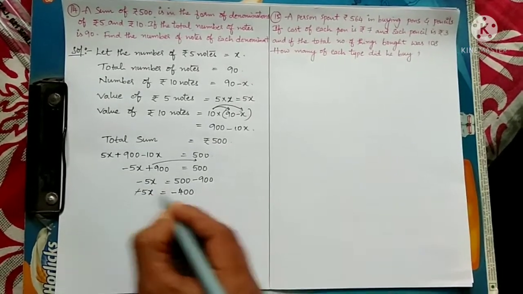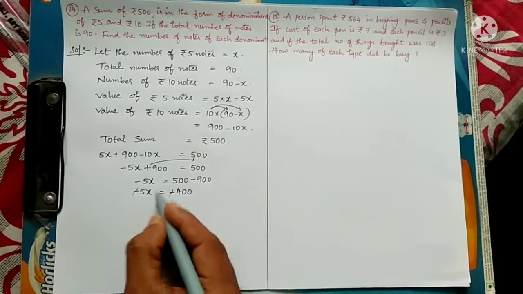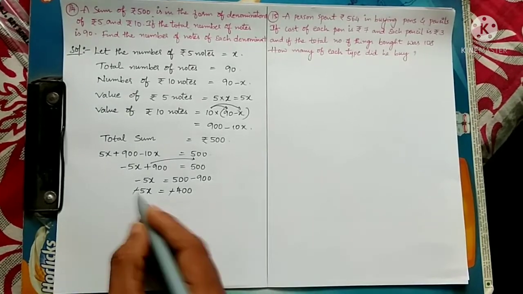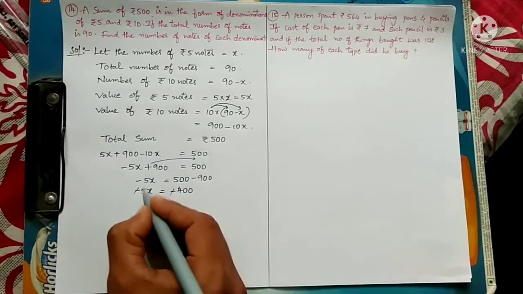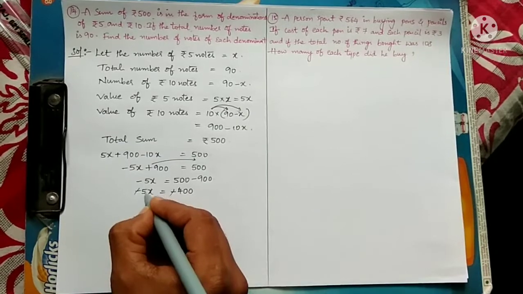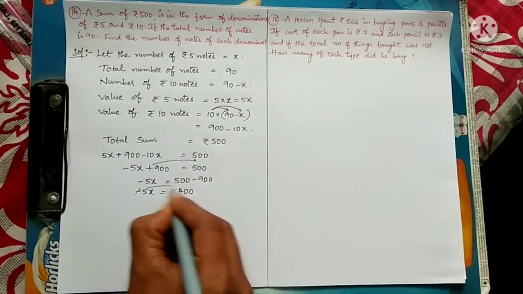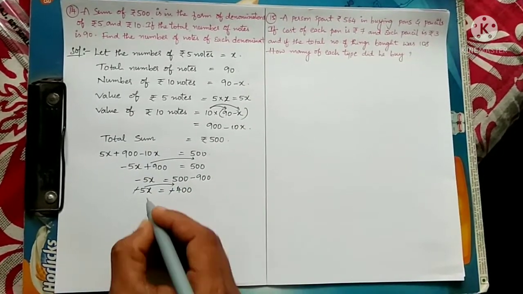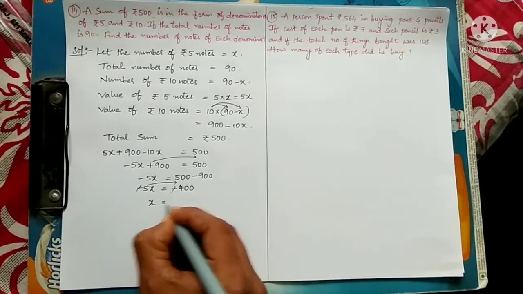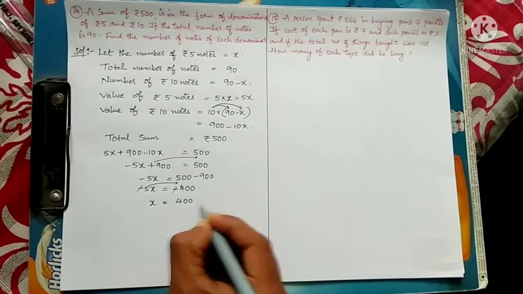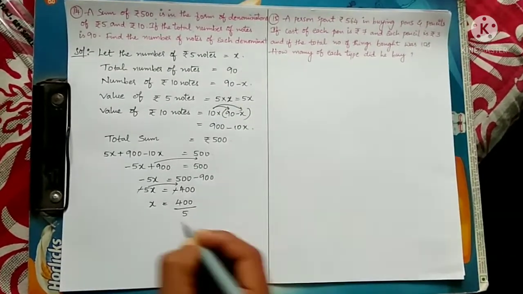Now the minus signs can be cancelled because there is an equal sign. Now 5 into x is a multiplication, so we can transpose this constant term, and the multiplication becomes a division, that is 400 by 5.